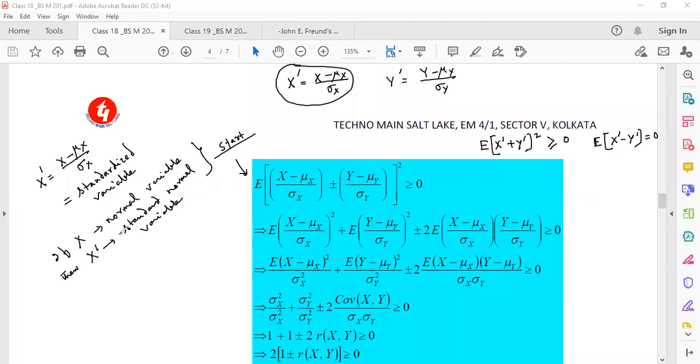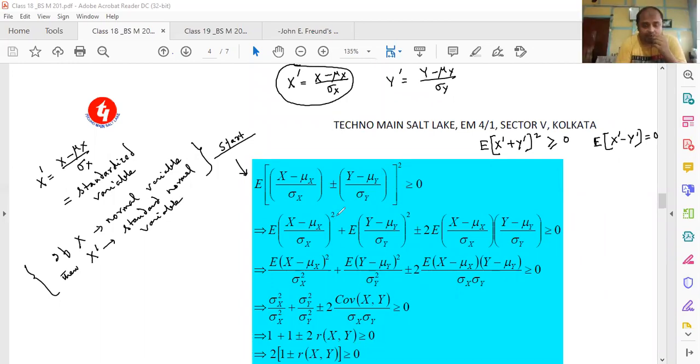If capital X is a normal variable, then x prime is a standard normal variable. But here I'm not considering a normal variable. I'm considering a general variable. And this expression is actually coming from the definition of standardization. So that is what I'm using over here. Okay, we have understood this point.